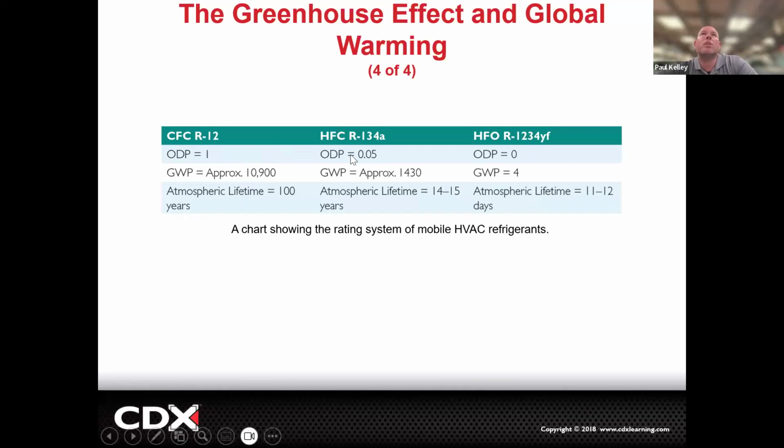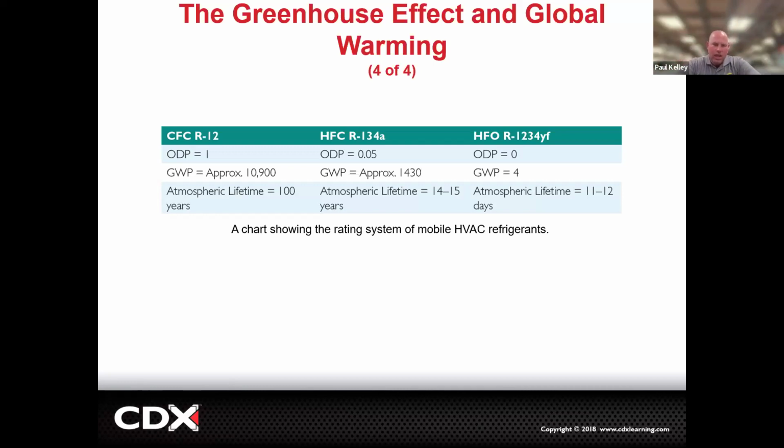So the ozone depletion potential of R134a was, the way I came up, amazing. Let me put it this way. R12 was so cheap that if people had a cold beverage like a soda, let's say a Pepsi, on the toolbox and it was warm, they would literally go get the R12, hook it up to their gauges, open it up, and spray R12 all over the outside of the Pepsi to make it cool.